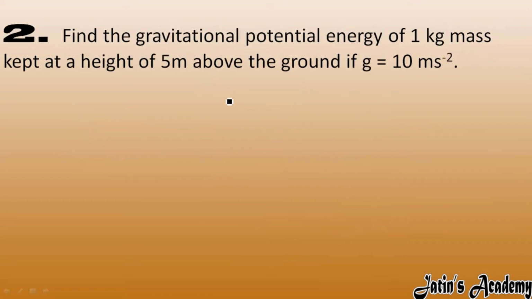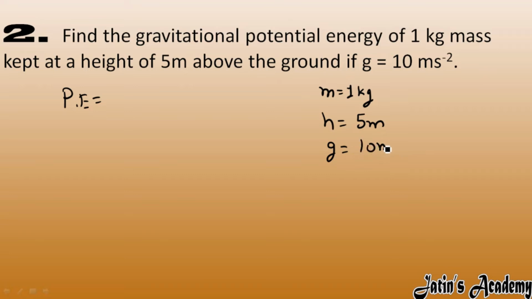Next we have: find the gravitational potential energy of 1 kg mass kept at a height of 5 meter above the ground. Here again we have to calculate the potential energy. A body of mass 1 kg, height is given as 5 meter and g value is given as 10 meter per second square.